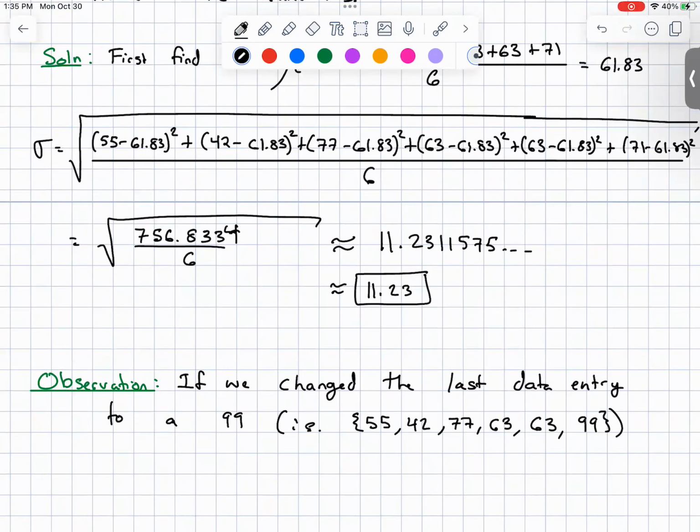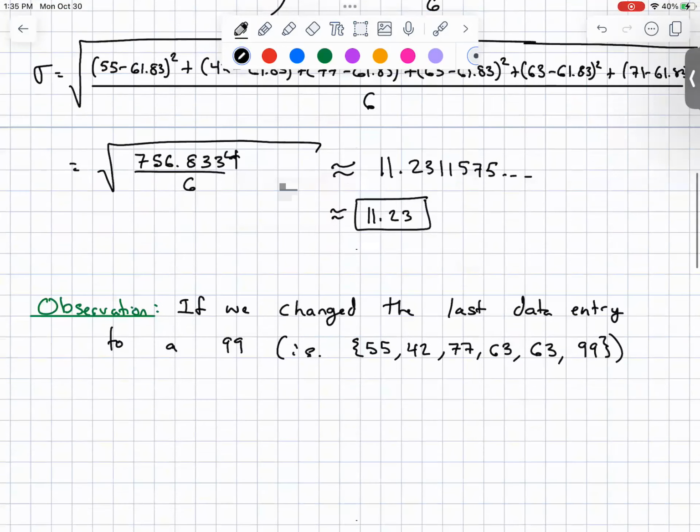Looking back at the previous set of data values, 55, 42, 77, 63, 63, 71, all of those are pretty close together, right? They're decently close. In total there's a variance of 35, whereas now there's a difference of 57. There's a larger variance of data values.